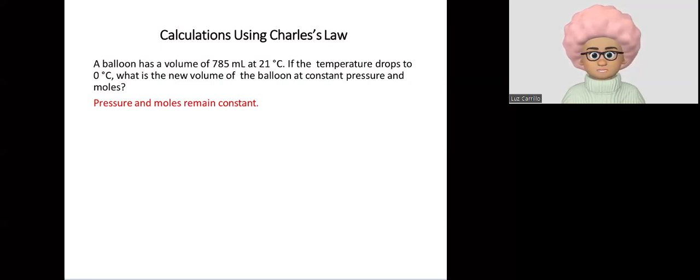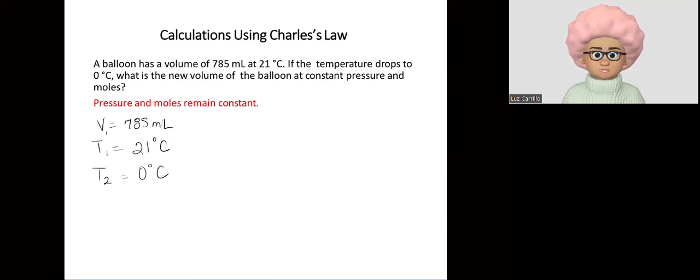So when we look at this, we can see that we are given the initial volume, which is 785 milliliters. We have the initial temperature, which is 21 degrees Celsius. And we have the final temperature, so T2, which is 0 degrees Celsius. And here, what we need to actually find is going to be V2, the new volume.